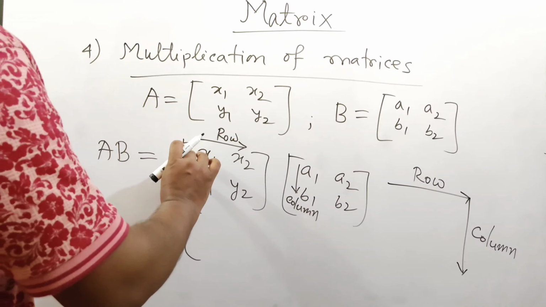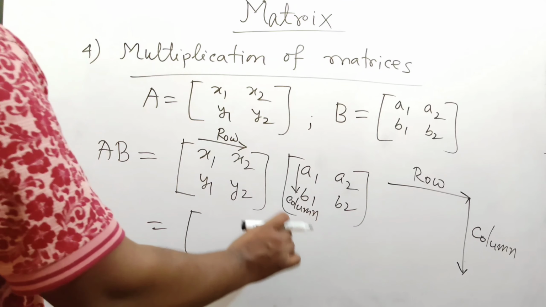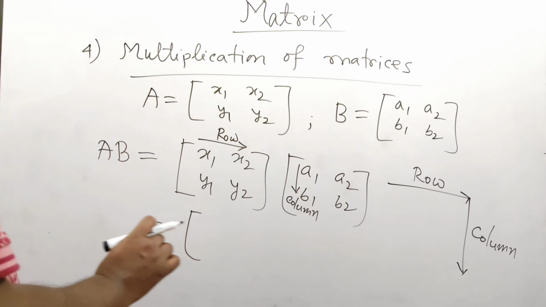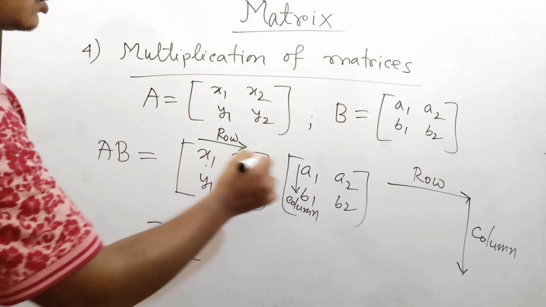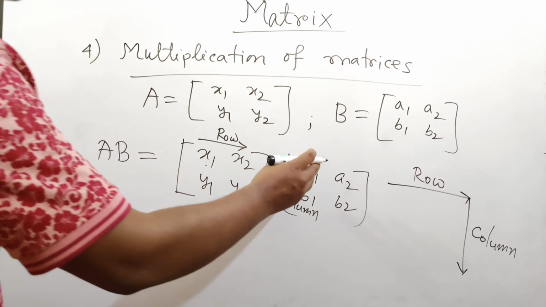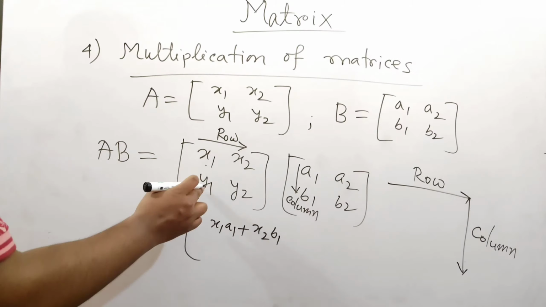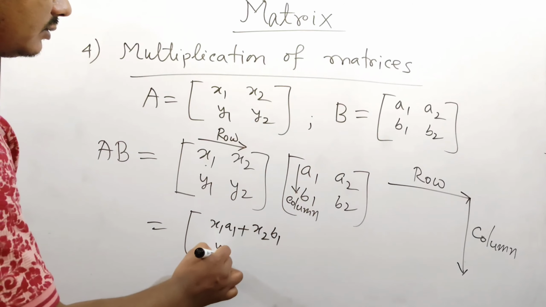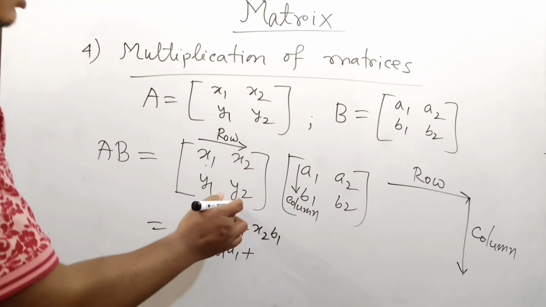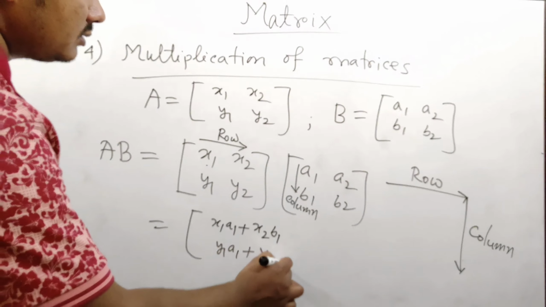So first we multiply the first column of the second matrix with the two rows of the first matrix. Each element will be multiplied and then do the addition. So here x1 multiply a1 plus x2 multiple b1, and y1 multiple a1 and y2 multiple b1.